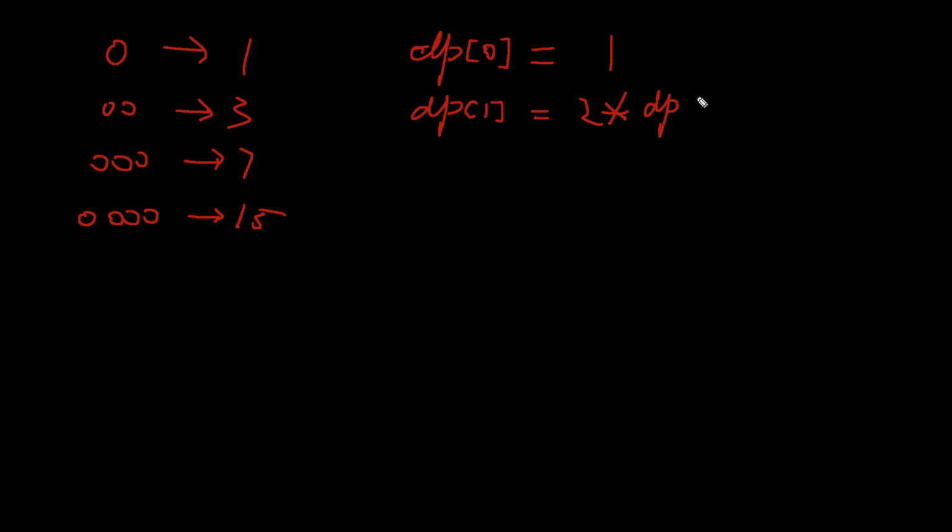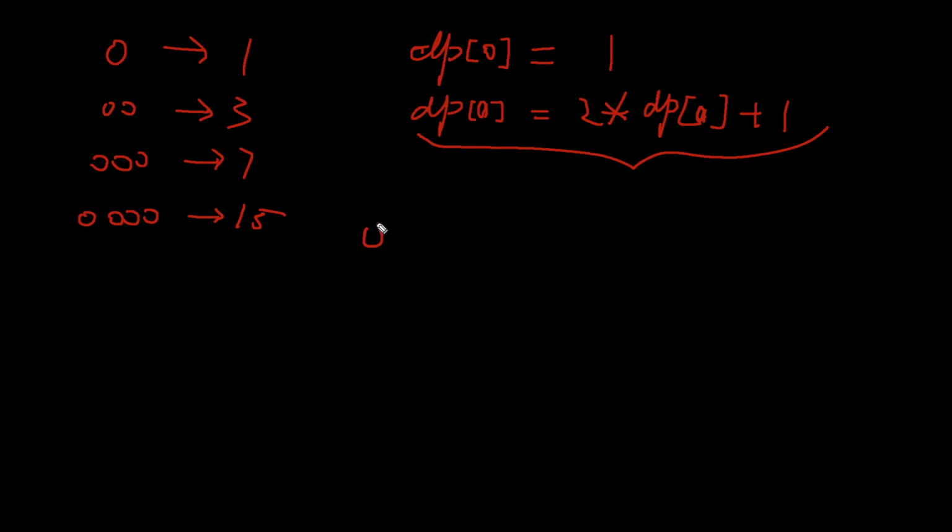So this is going to be the dp of 1, right, and then plus 1. So that's basically, sorry, dp0 plus 1. Basically that's the state transition function here for the one number case. So what does this mean?